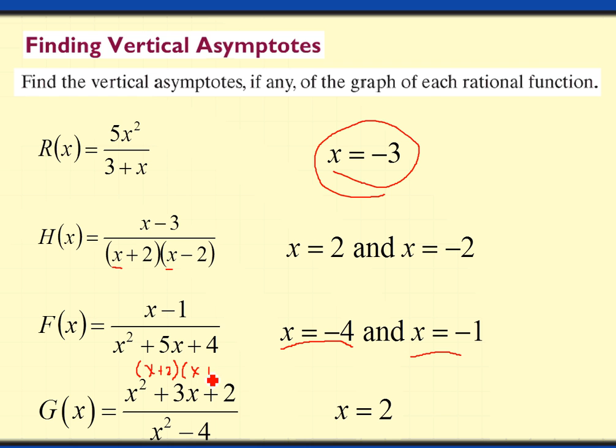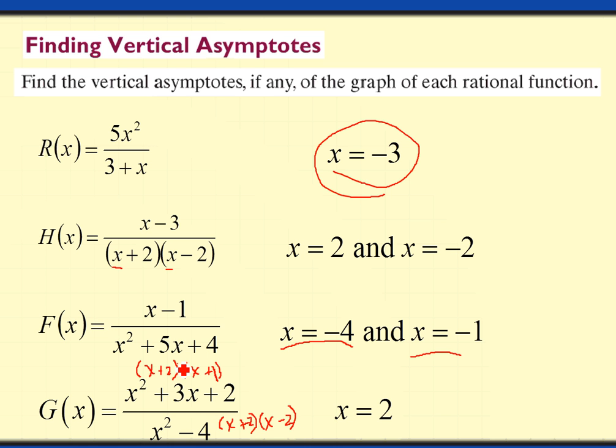That's the factored form of that numerator. The factored form of this denominator, I don't have room below, so we have x plus 2 times x minus 2 as the factored form of the denominator.